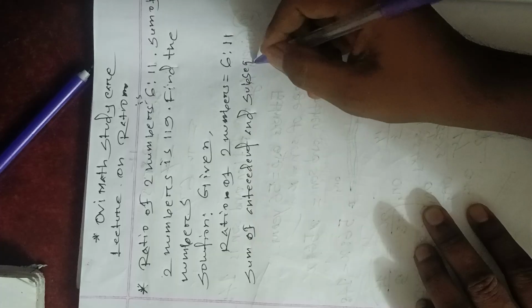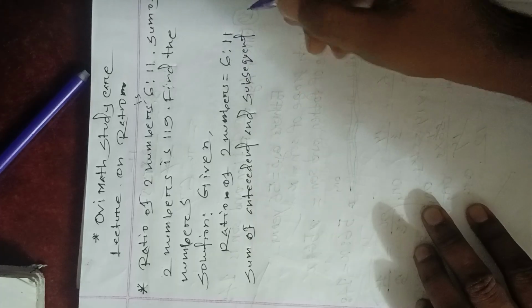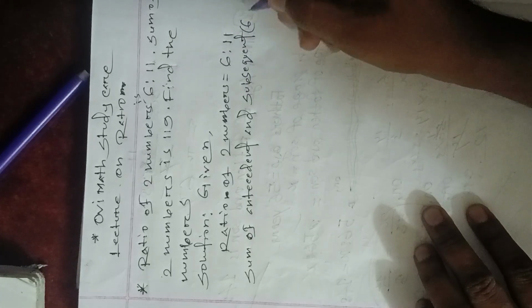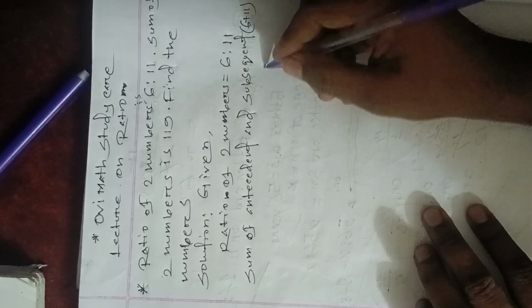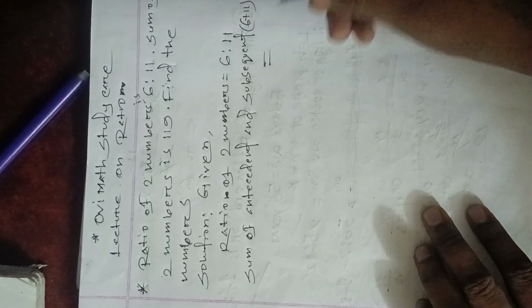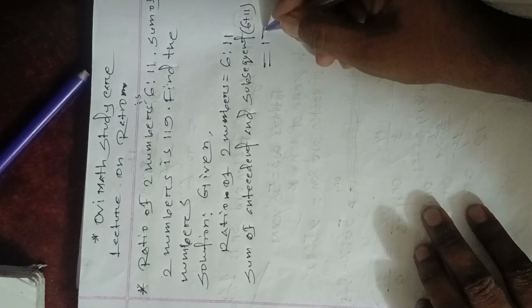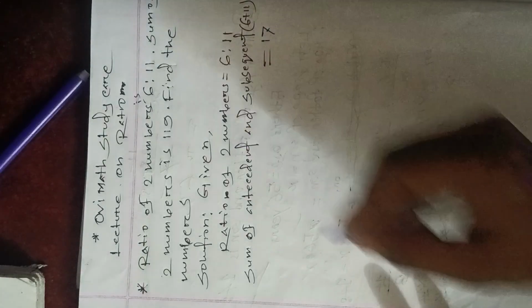Sum of antecedent and subsequent, 6 plus 11 equal to 17. Here our total sum of two numbers কত?